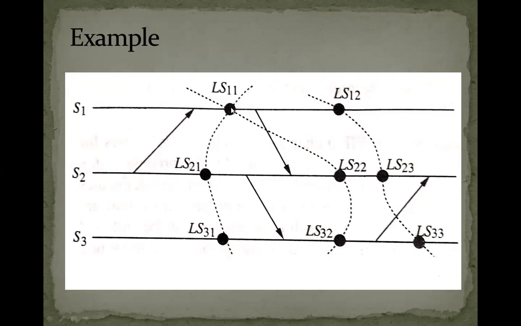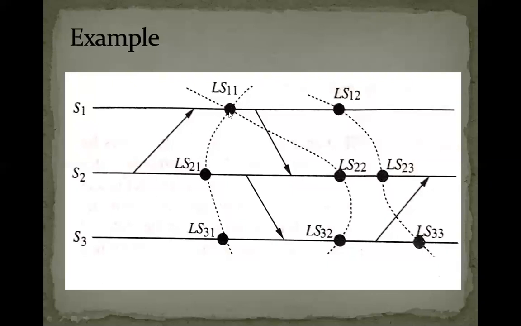A curve has been shown here, which shows that at this moment of time, we are trying to know about the local states of the individual processes, and then see whether these processes are in a consistent global state or not.